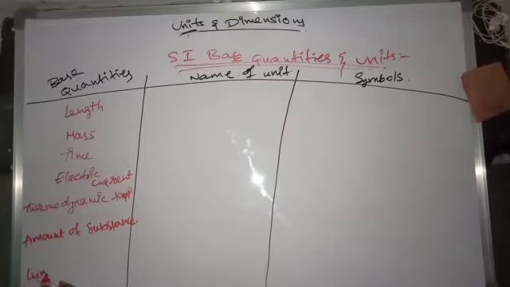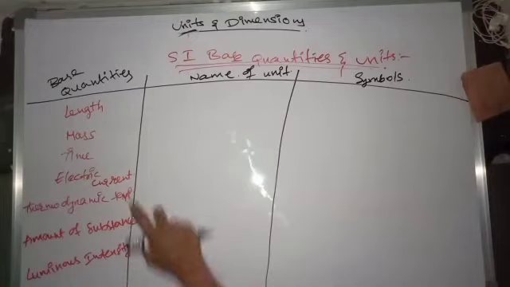Final one is luminous intensity. These are the 7 fundamental physical quantities which are given by the international body.